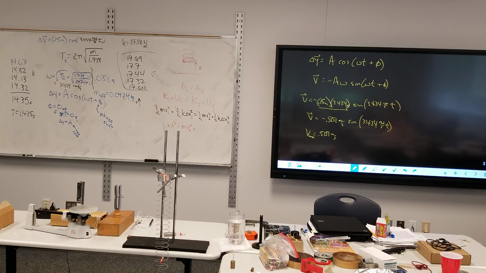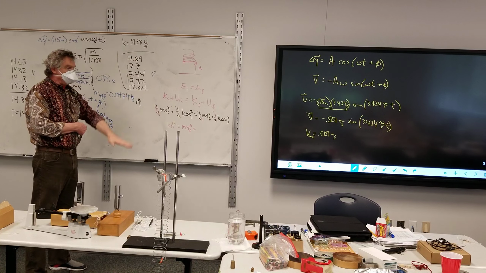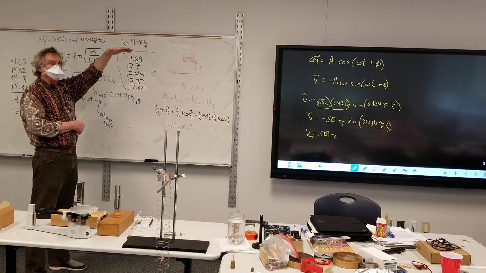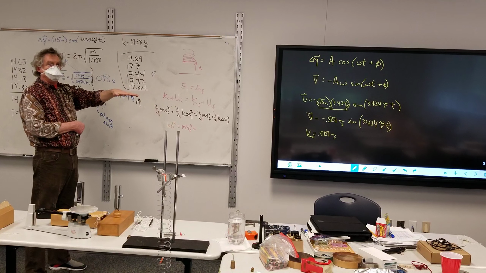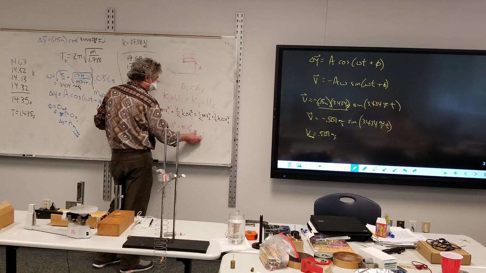Minimum and maximum in our case would be 0.15 and negative 0.15. Those are the turnaround points or the starting point, so that's where the speed is 0. So is it at zero displacement? Yes. A quarter of the period: it starts here, that's half, that's a full period. A quarter of the period is the equilibrium point. So that would be 0 as well.